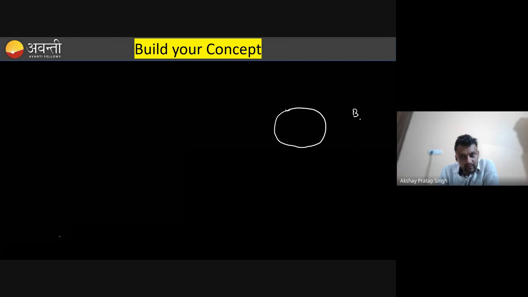In the presence of a magnetic field, let's suppose magnetic field is B, which is into the plane, and the particle is revolving in this circular path like this. The particle which is revolving has some charge q and some mass m.